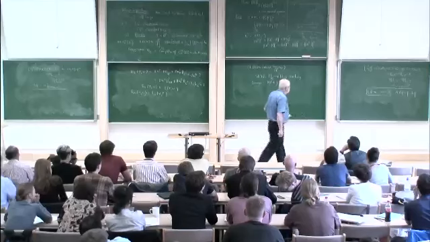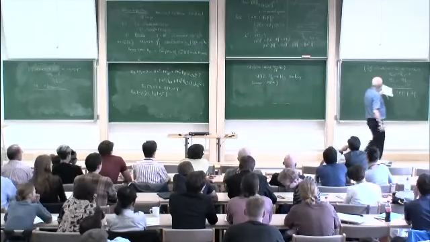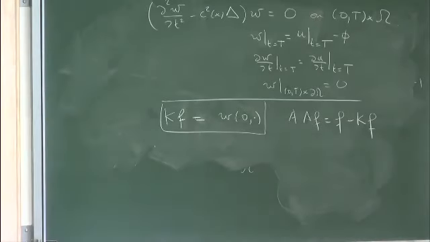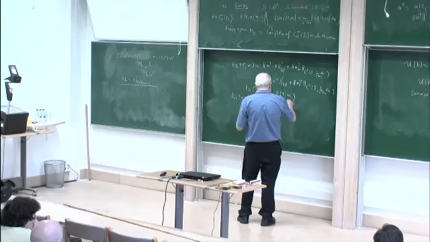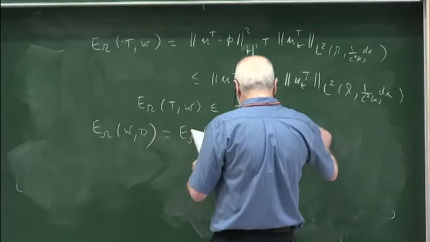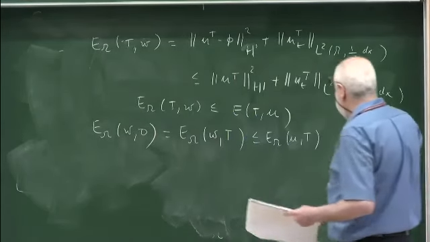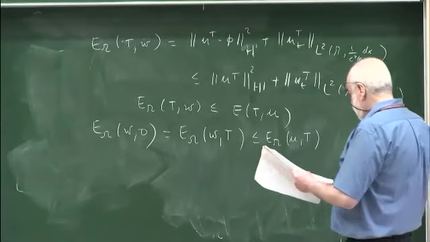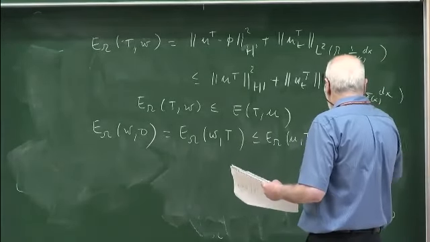That is 0 at the boundary. So the integration by parts tells you that the energy is conserved. And this is less or equal by what we just proved, UT, right? We just proved that.